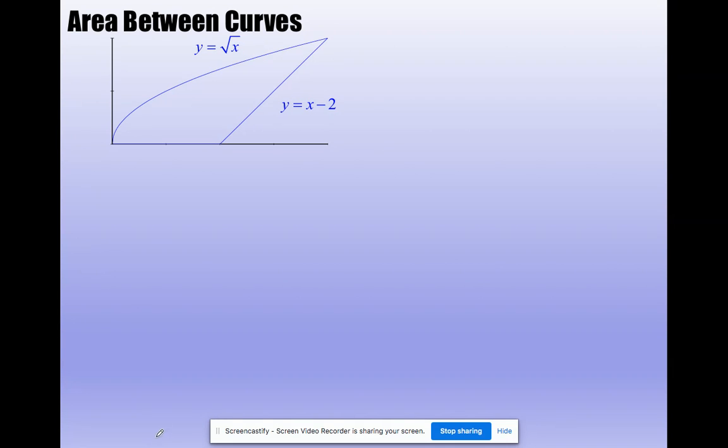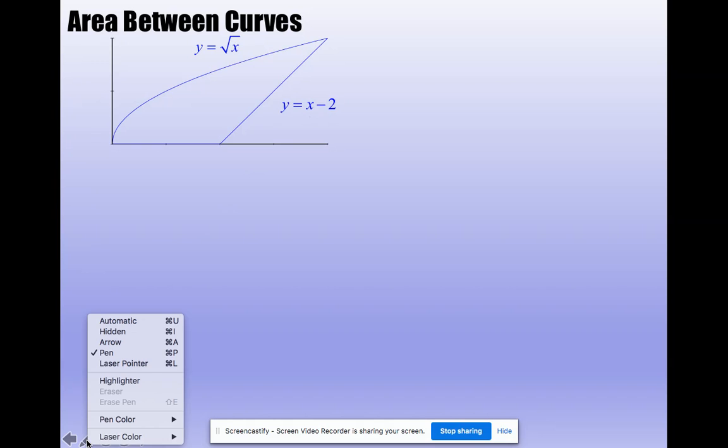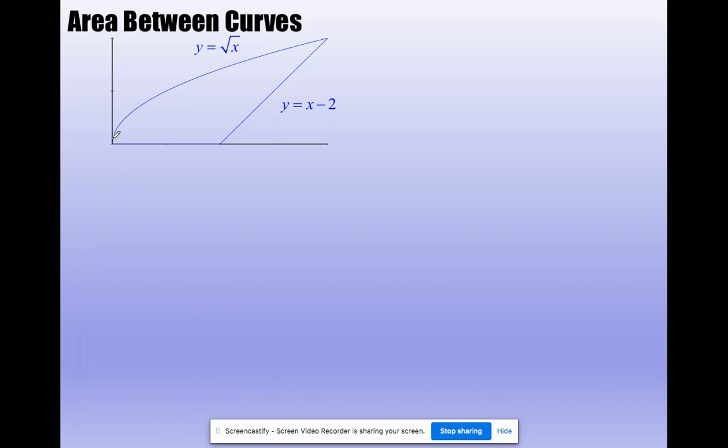So look at this example. Square root of x, algebra 1, x minus 2, algebra 1. I want the area between those two curves and the x-axis. So the area that I'm after, so be careful. This is the area that I'm after.